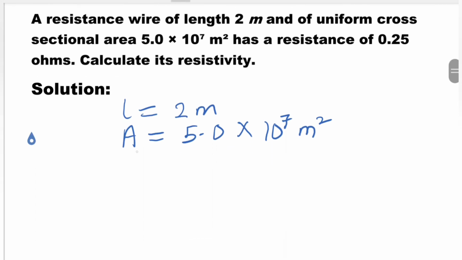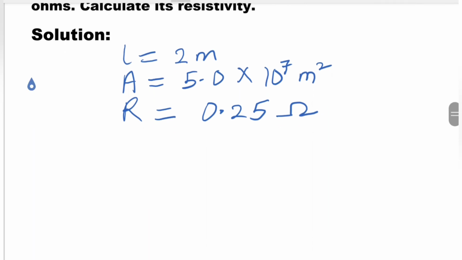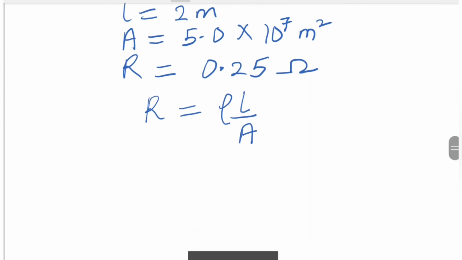Then the resistance of the wire is 0.25 ohms. So we are going to apply the relationship between the resistance of a wire and the cross-sectional area and the length. That's R equals the resistivity multiplied by the length of the wire divided by the cross-sectional area of the wire.